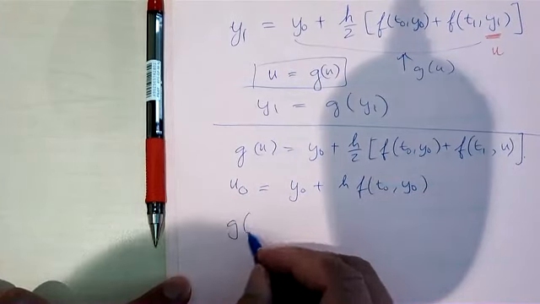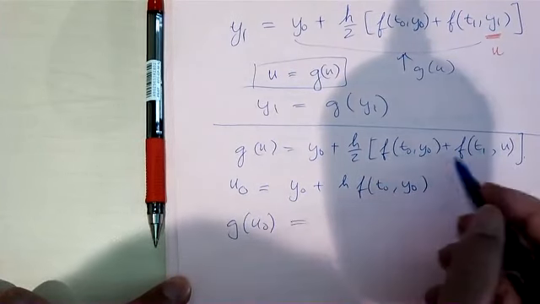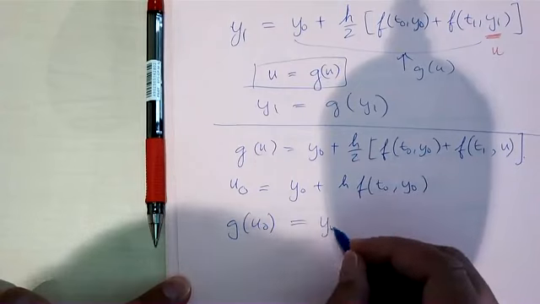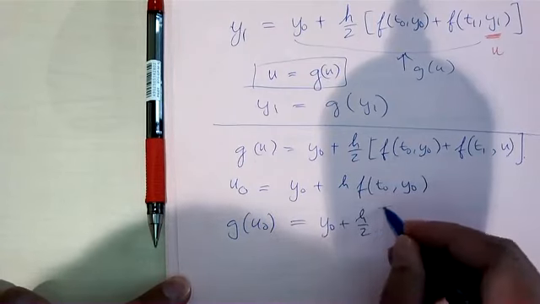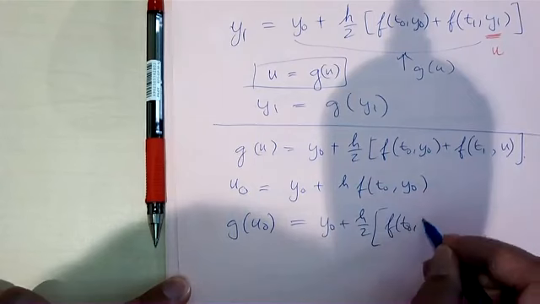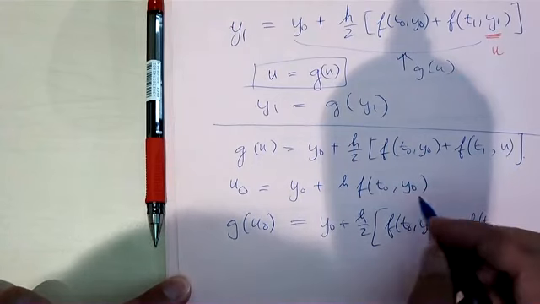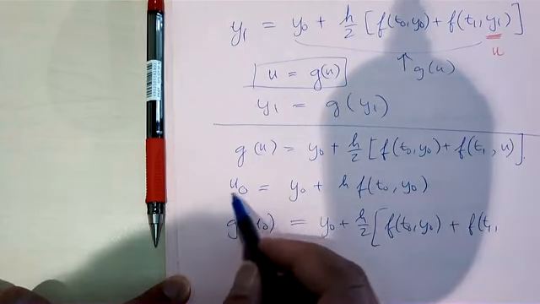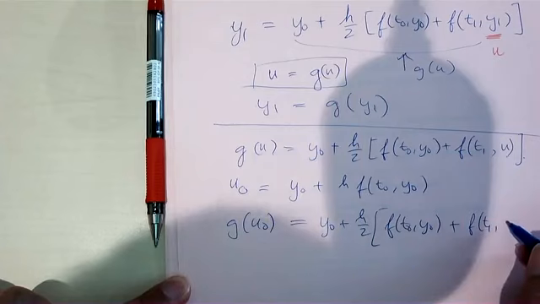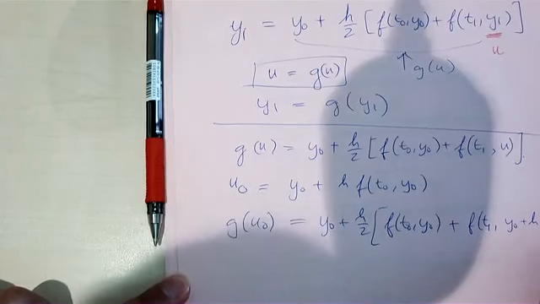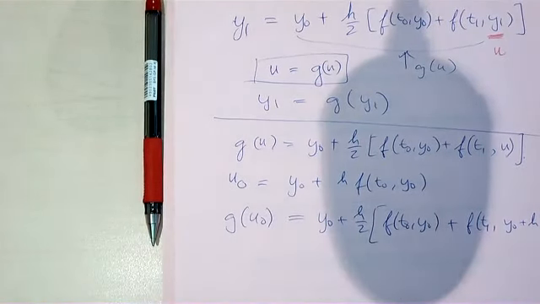So g(u0) is y0 plus h over 2 times f(t0, y0) plus f(t1, u0), and now you replace u0 by y0 plus h f(t0, y0). That's how I get this equation.